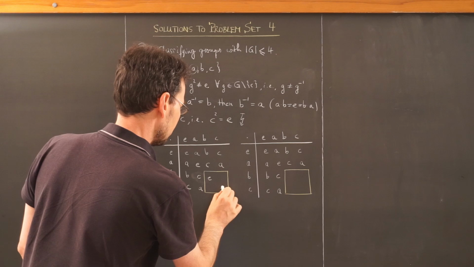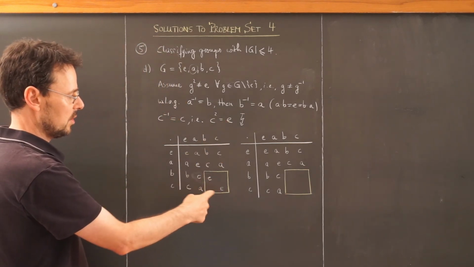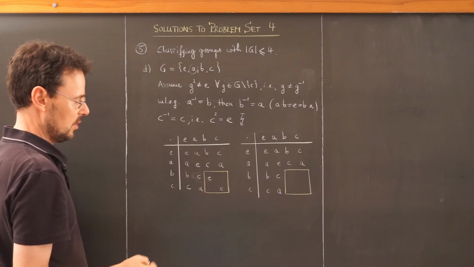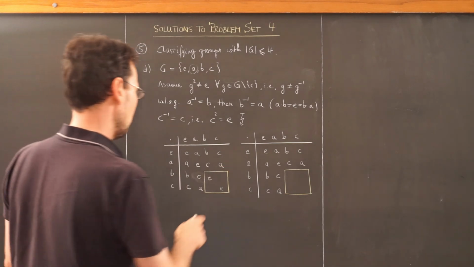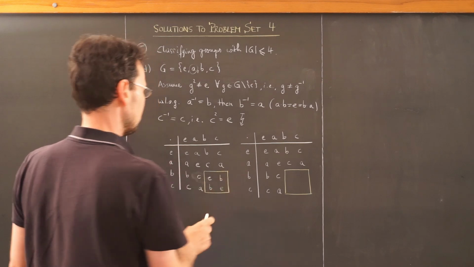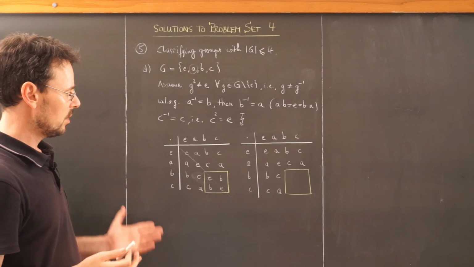This forces C squared also to be the identity, because here or here we can't have the identity, because it would appear twice in one row or one column. And then here I must have B, and here I must have B. So this gives me a complete group table.